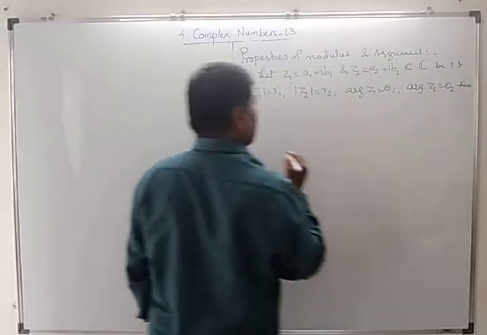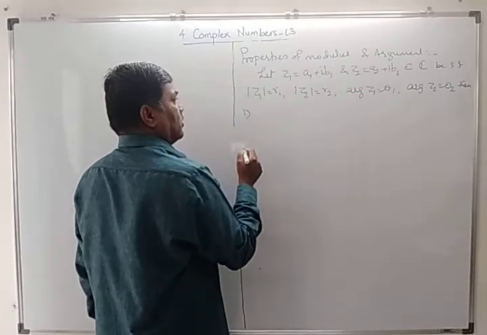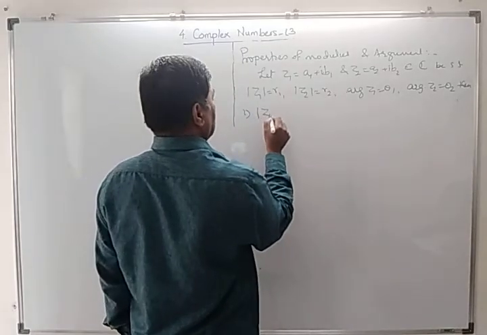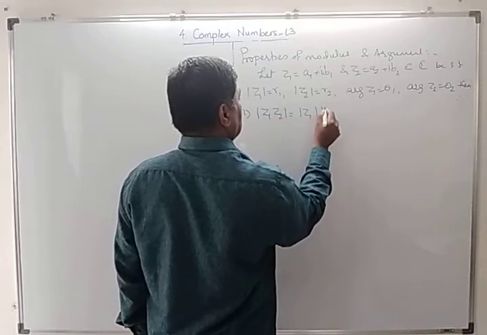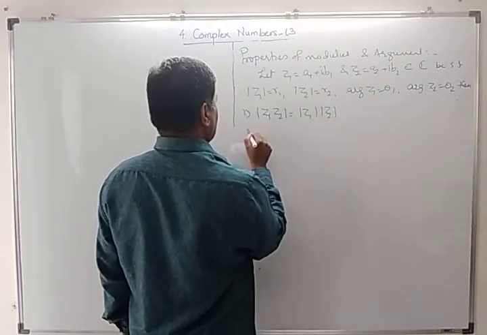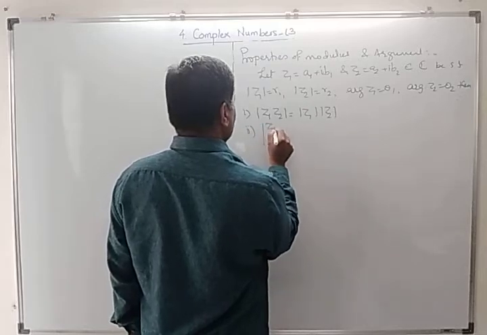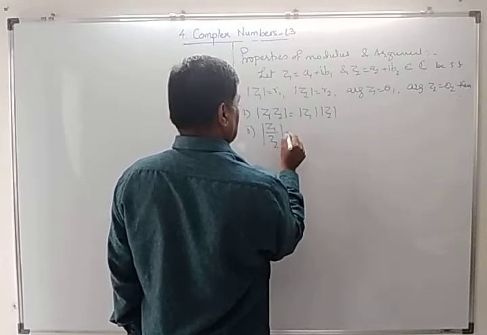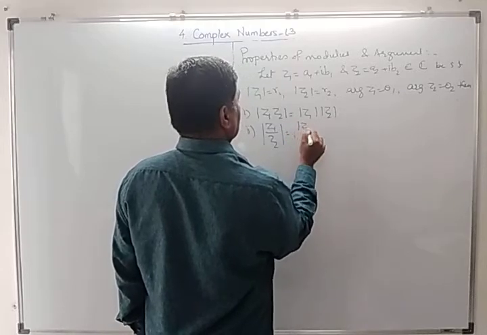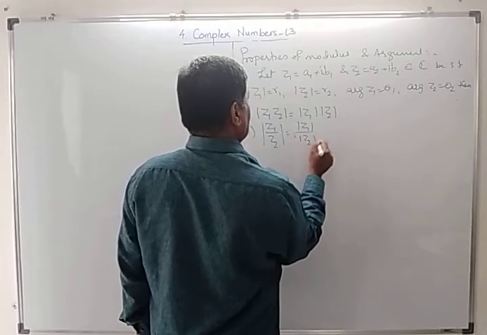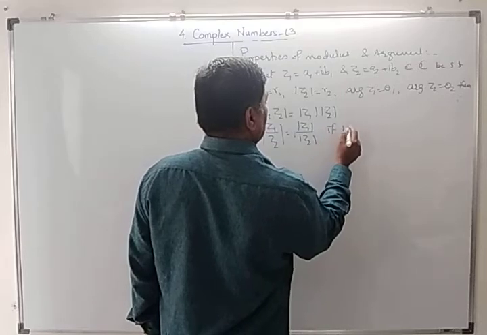Then 1, mod of z1 z2 is equal to mod z1 into mod z2. Second, mod of z1 upon z2 is equal to mod of z1 upon mod z2 if mod z2 not equal to 0.